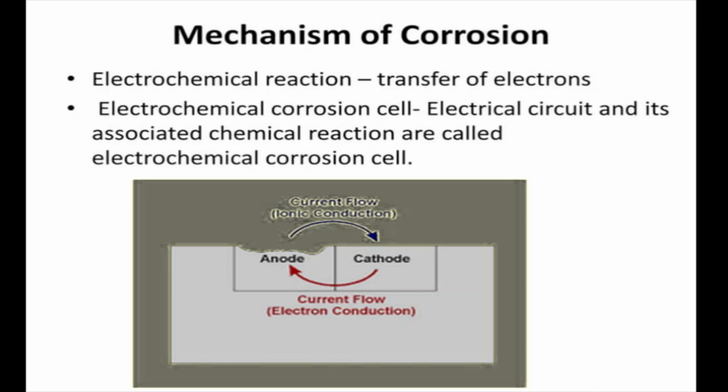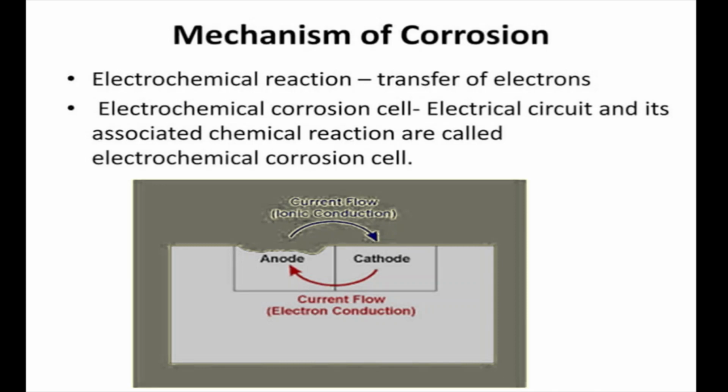So in this video we are going to discuss the mechanism of corrosion. If we discuss the mechanism of corrosion, we see that there are different types of reaction that take place during the operation of corrosion.